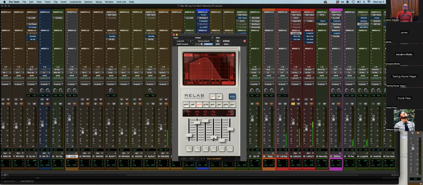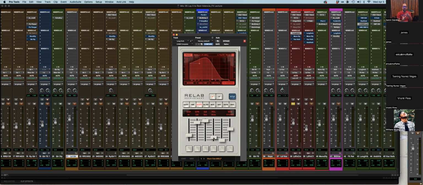But because mainly what you're getting within that plate verb is vibrations on a metal sheet that decay in an irregular fashion, different from a normal room, because it's metal, you'll have lots of upper harmonic exaggerations of those decay times.